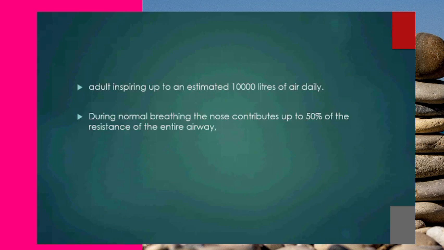So the nasal valve has an external nasal valve and the internal nasal valve. The external nasal valve is nothing but the opening of the nose at the end of the ala and the vestibule. And what is that internal nasal valve? That internal nasal valve is situated just 1.5 centimeters from the anterior end of the septum.